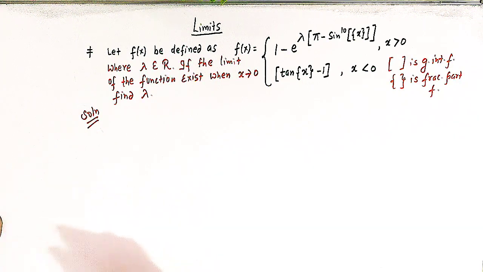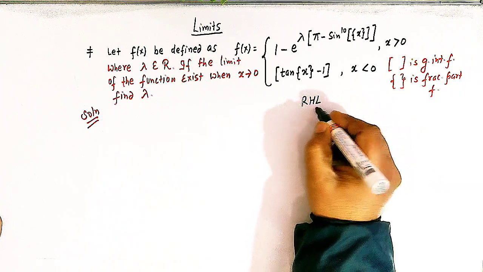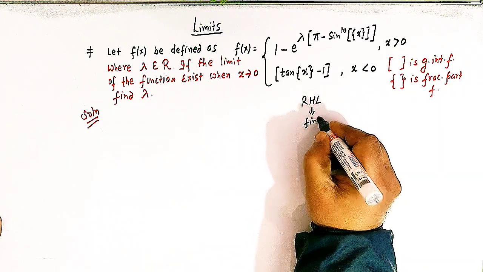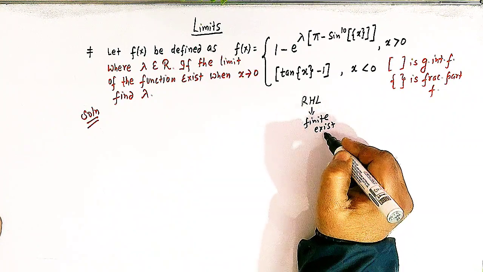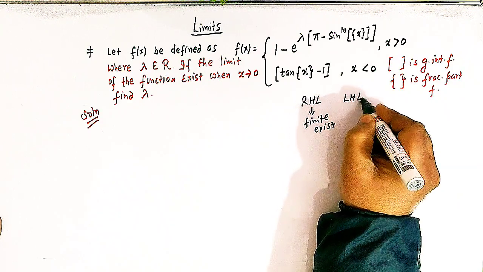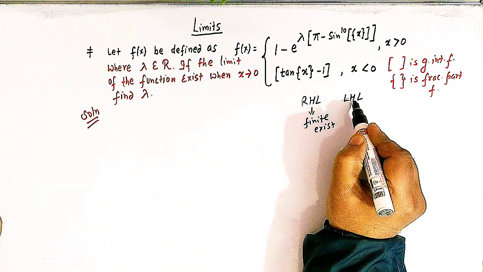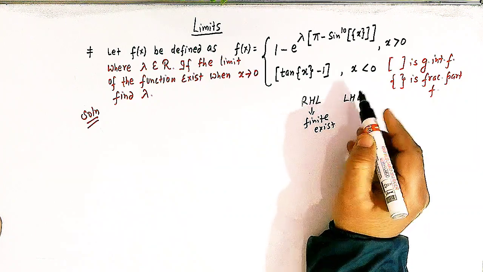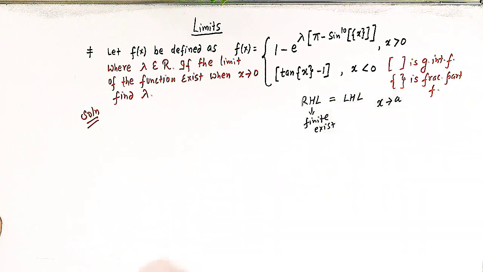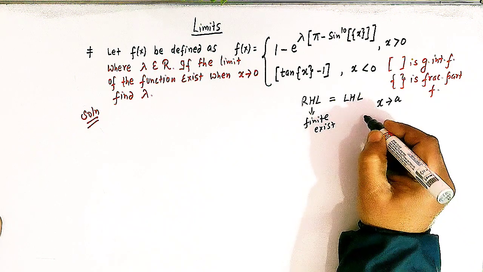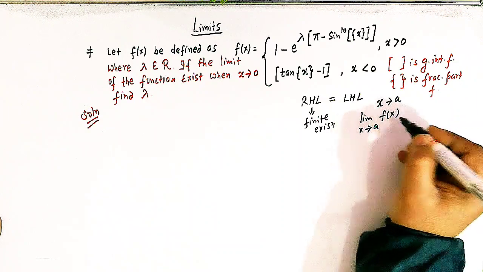So we know that the limit of a function exists if the right hand limit is finite and it exists, and the left hand limit also exists and is finite, and moreover if both the limits, that is RHL and LHL, are equal to each other at some point x is equal to a, then we can say that the limit of the function when x tends to a exists, right?